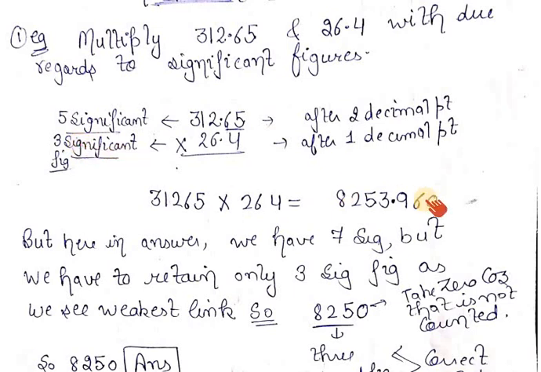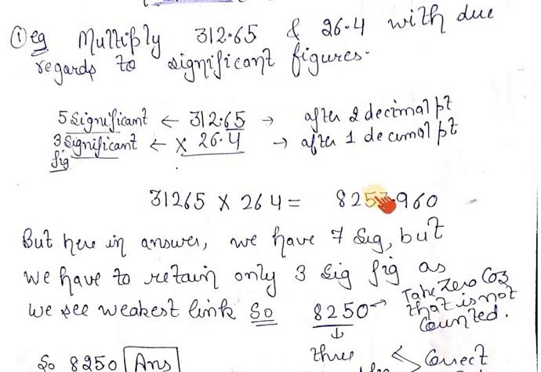But you will see in your answer how many significant figures are there. 1, 2, 3, 4, 5, 6, 7. So there are 7 significant figures in your answer. But you have to retain your answer up to 3 significant figures, right? So that means you will say 1, 2, 3 and you will retain your answer up to this number, 825.